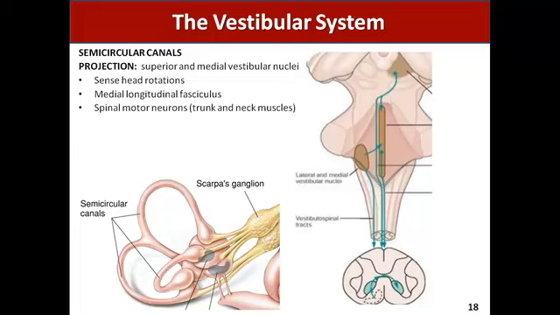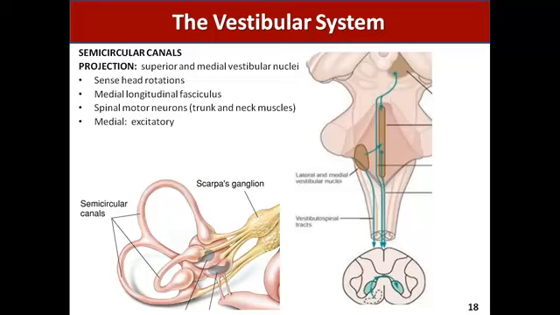These projections will then continue and synapse onto spinal motor neurons, particularly those motor neurons that control muscles in our trunk and our neck.